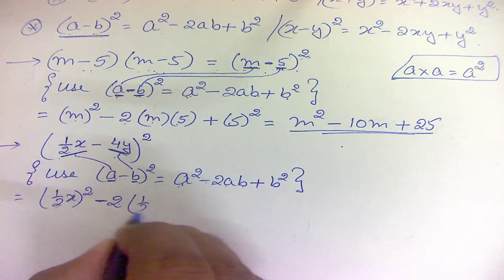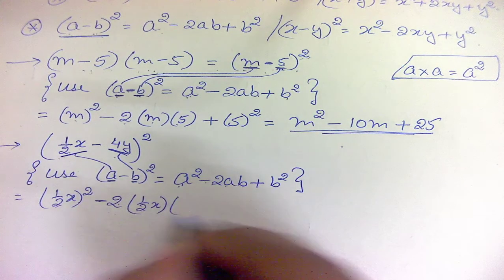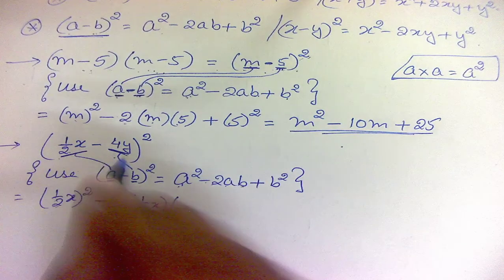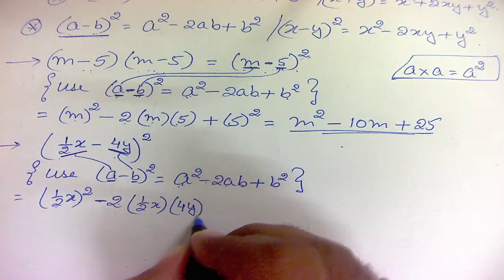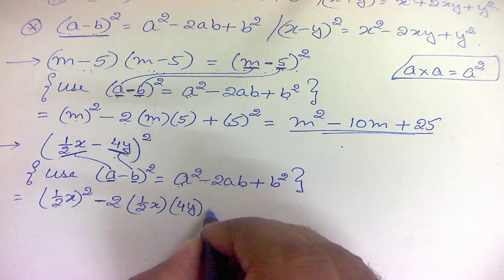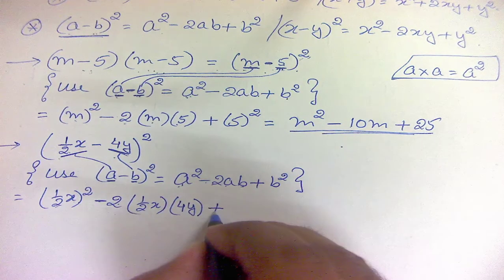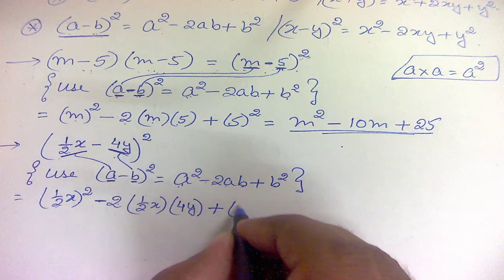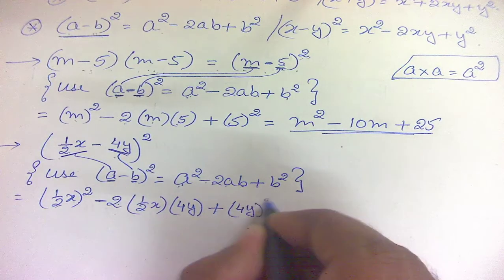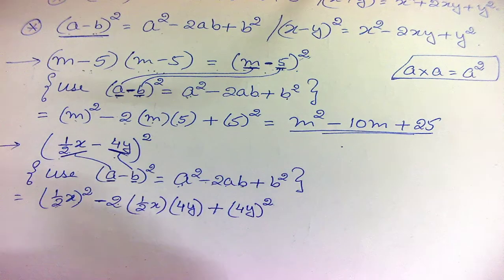Multiply a means multiply 1/(2x), and multiply b means you will multiply it with 4y. It is not -4y, you have to take it as only 4y. Then plus the square of b. Now b is 4y, so it will be the square of 4y.